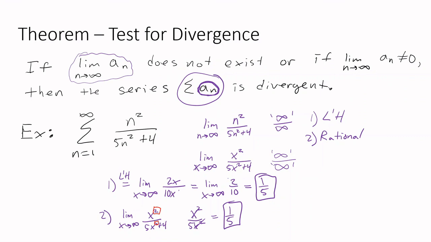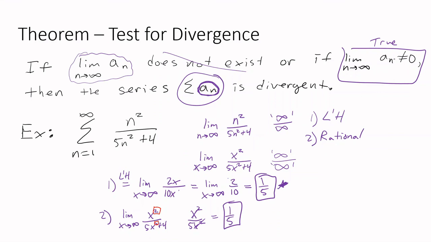So what does that mean? We'll go back to the test for divergence. If the limit of the terms, that's what we just found, does not exist, well, we got 1/5, so it exists, so throw that out. Or if the limit is not 0, cha-ching, our limit was 1/5, that's not 0. So this is true for this example. Okay, so if this is true, then the series diverges.